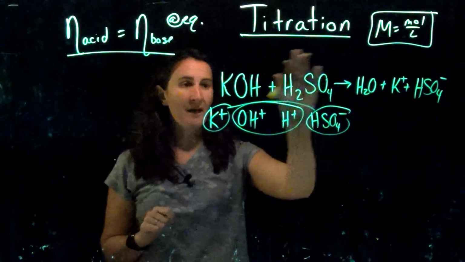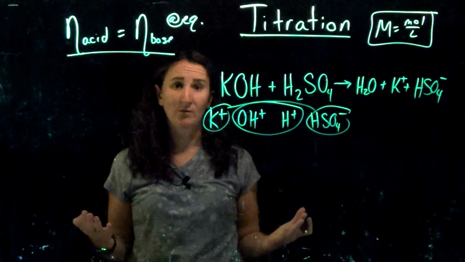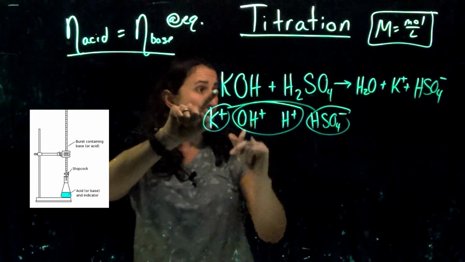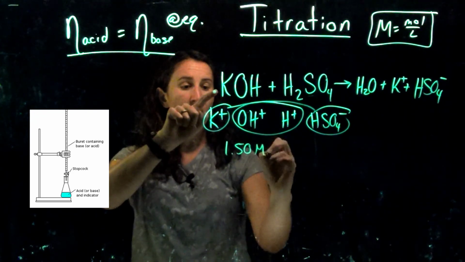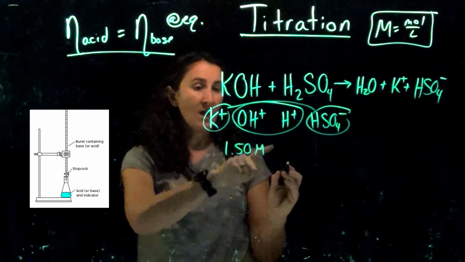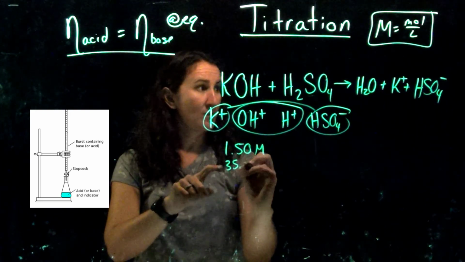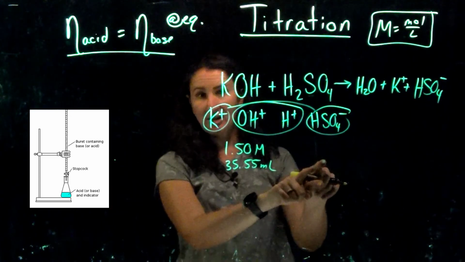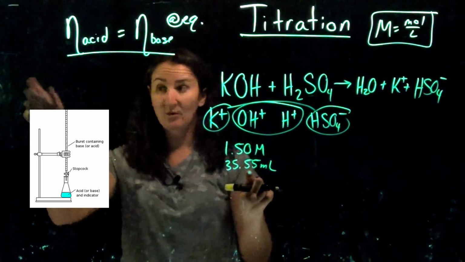So now that we've got our balanced equation, let's set up our problem. What are the parameters that we're going to work with today? So in this case, we have potassium hydroxide that we know 2 things about. It is 1.50 molar. And then we also know that it's going to take 35.55 milliliters to titrate our sulfuric acid, which means potassium hydroxide is going to be our titrant.